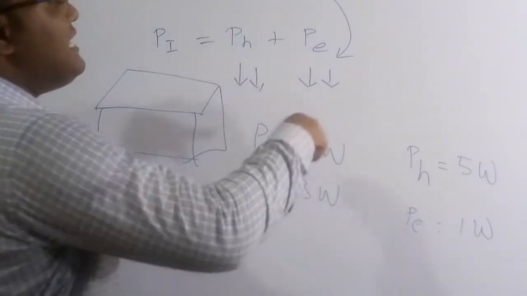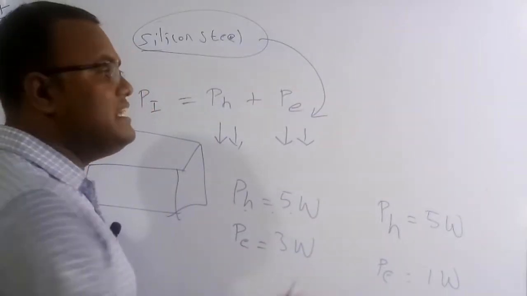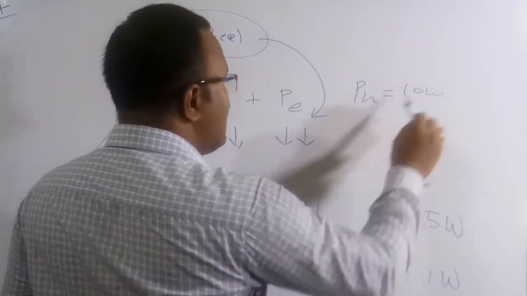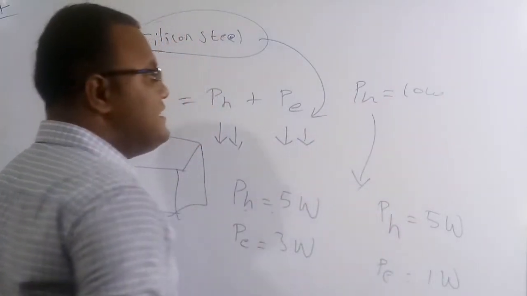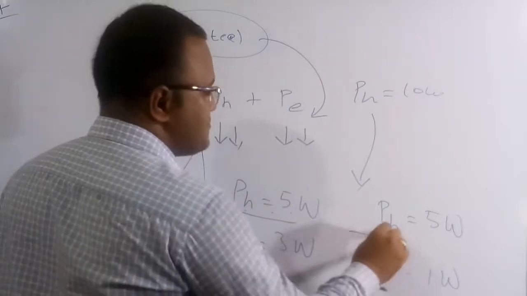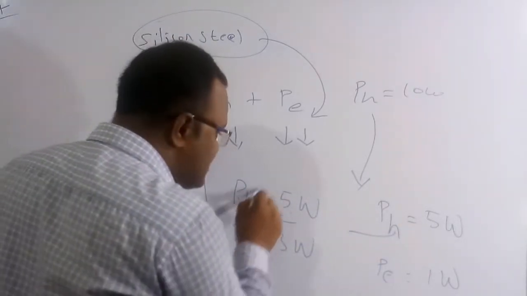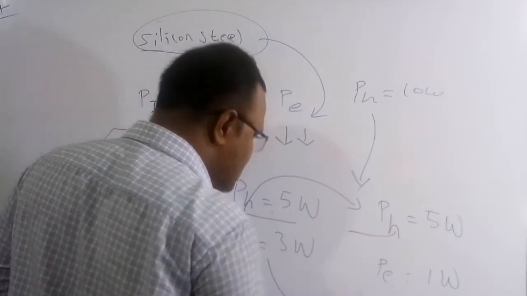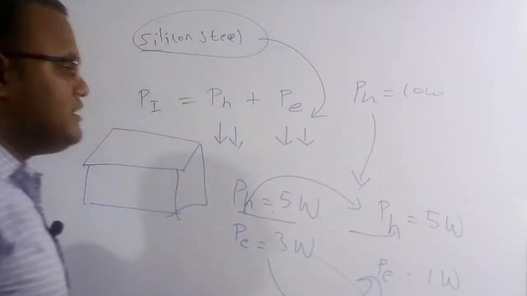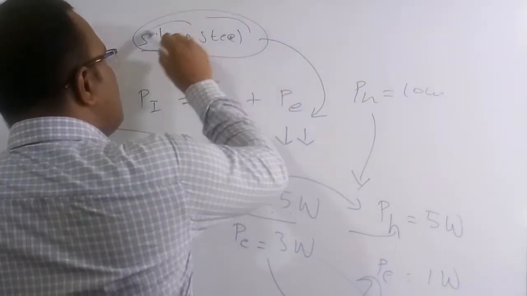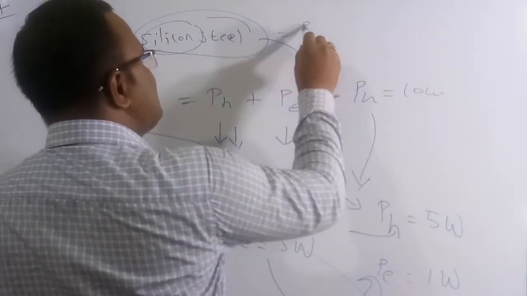But if you take any other material other than silicon steel, the hysteresis loss may be, let me assume, 10 watt, but if you take silicon steel, then its hysteresis loss is reduced. But if you take laminations of silicon steel, the hysteresis losses will remain constant, but the eddy current loss will reduce. Because of this reason only, I have already told you, because we add silicon to iron, its resistivity will increase.